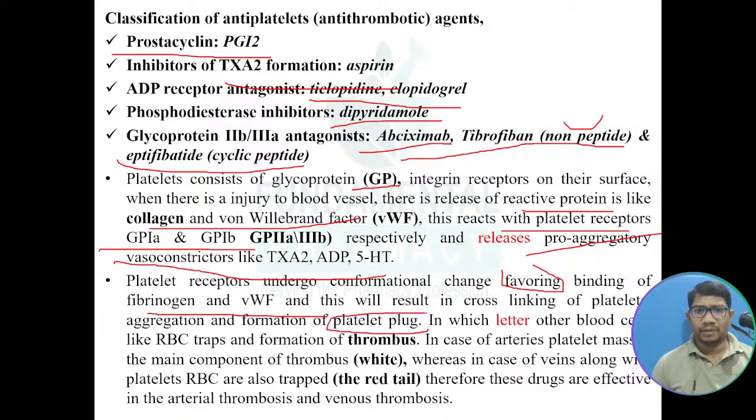Now to the primary platelet plug, other blood cells like RBCs get trapped, and this forms a thrombus. If RBCs are trapped, it is known as a red thrombus, and if only WBCs and platelets are present, it is known as a white thrombus.